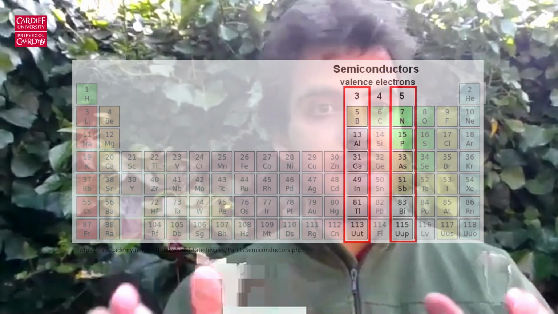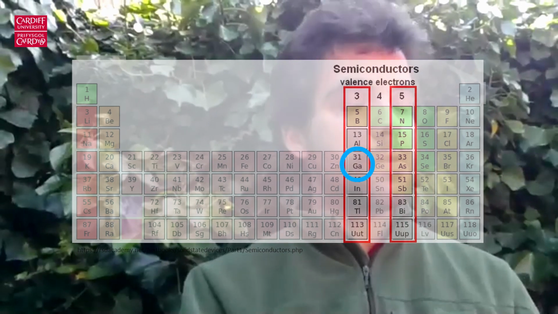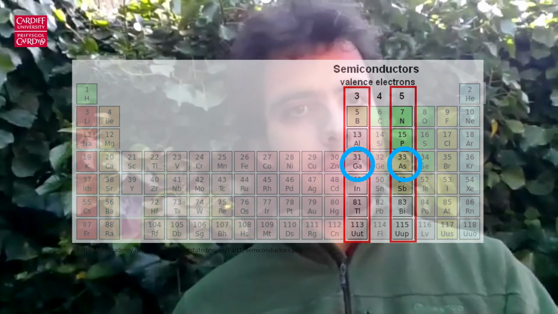For example, in gallium arsenide, the group 3 element would be gallium, which is a metal, and the group 5 element would be arsenic. So we would have a compound which is called gallium arsenide, and it's also a semiconductor as silicon is, but with the particular characteristic that it can emit light.